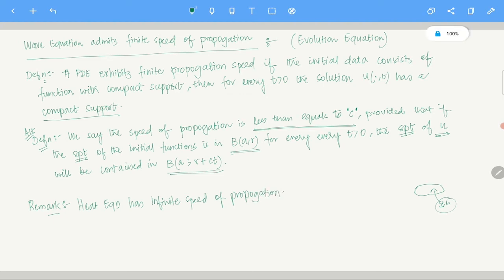Once you have a positive number somewhere, you can't contain it in some cone, so it will go on and on and on, infinite speed of propagation. Whereas the wave equation has finite speed of propagation.